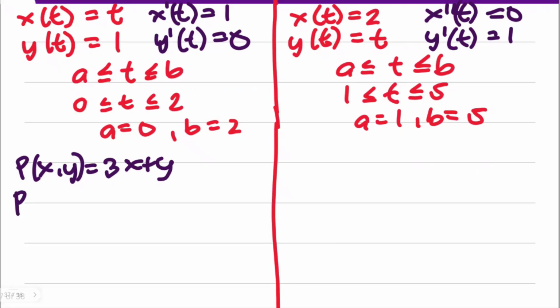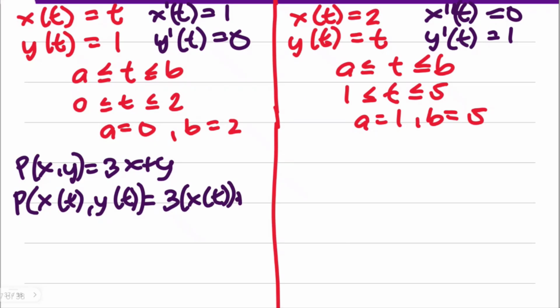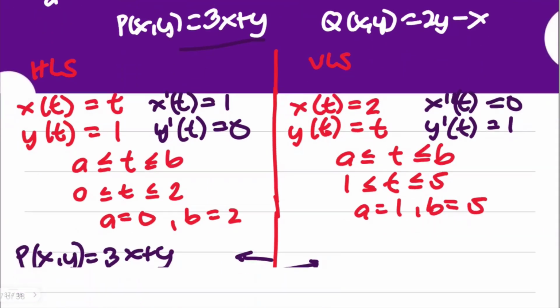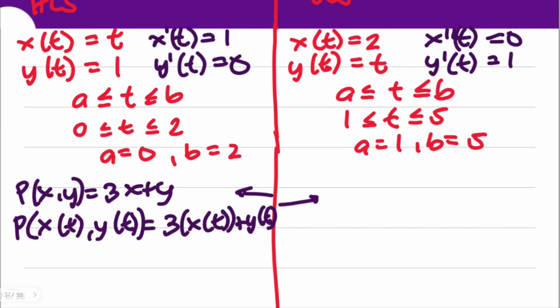So if you would like to have x of t and y of t, changing the variables, instead of 3x, you'll have 3 times x of t plus y of t instead of y. This is true for both situations. The only difference is that your x of t and y of t differ from one another. For our horizontal, the first path, your x of t is t. This is 3t plus your y of t, which is 1.